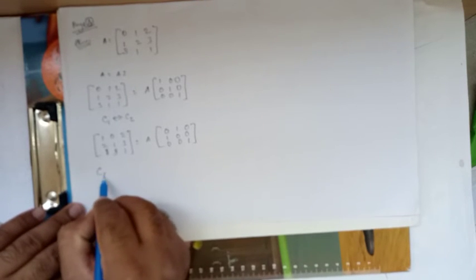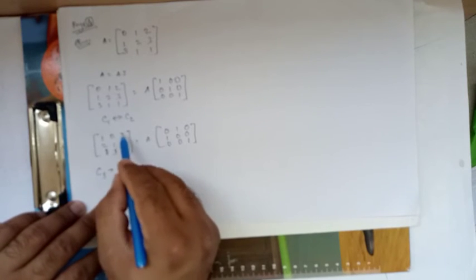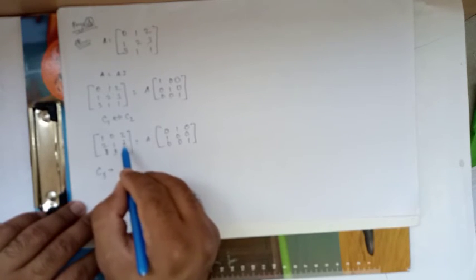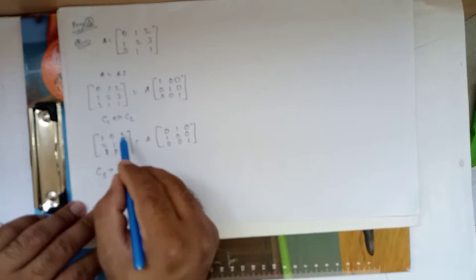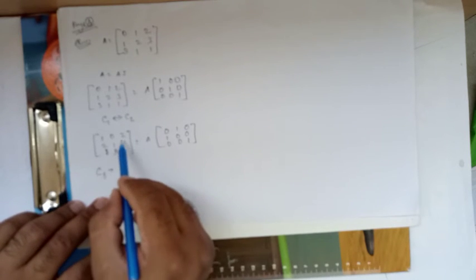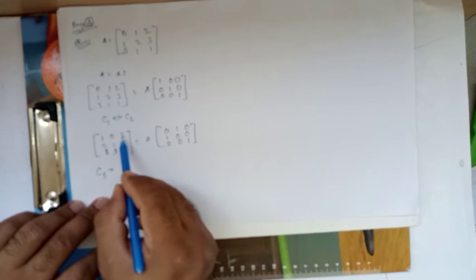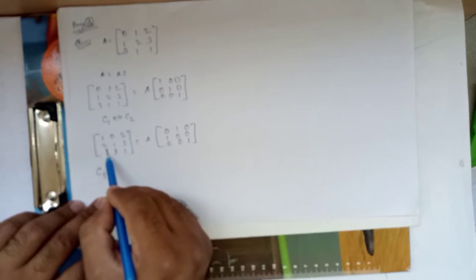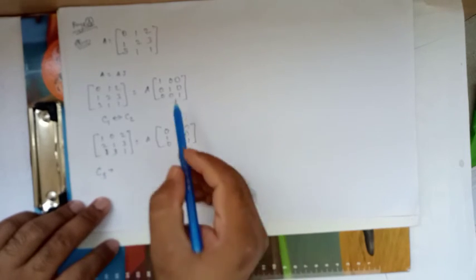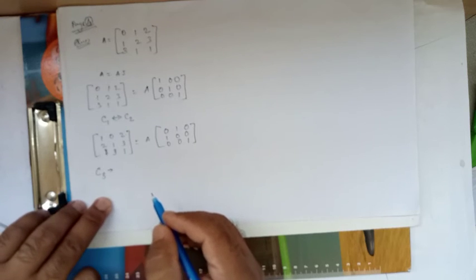After that, what we are doing is in C3, this column, we are solving this 2 and this 3 first, and likewise we will solve. So our main motto is to make this one, this and this one to 0, just to make the identity matrix.